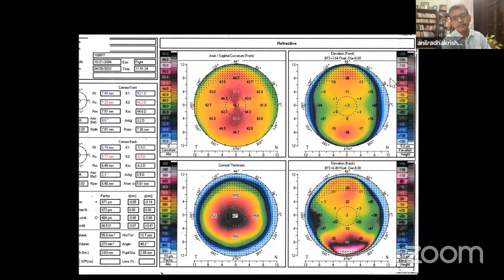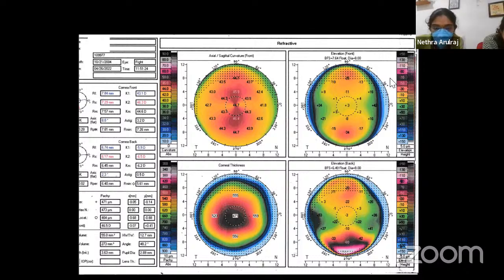Okay. Yeah. And coming to the corneal thickness map, the thinnest locus is coming to be 464, and at the center it is 471. 470 is the normal.